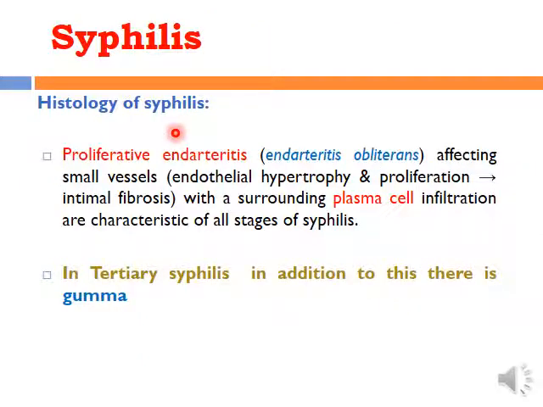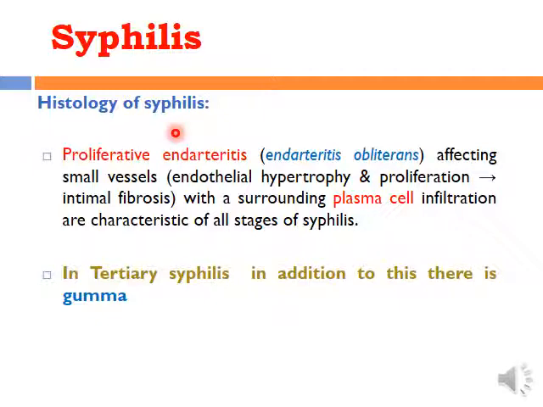The histology of syphilis: usually there is a mononuclear inflammatory cell infiltrate at the site of the lesion. That means there is lymphocytic infiltrate and very many plasma cells, characteristic for the lesion, associated with blood vessel inflammation, that is vasculitis. So the main characteristic features are plasma cell infiltration and vasculitis.